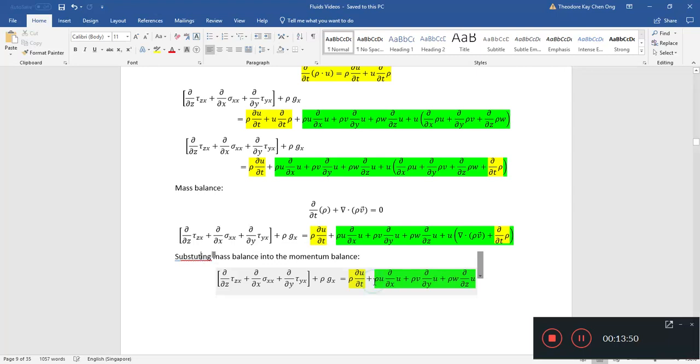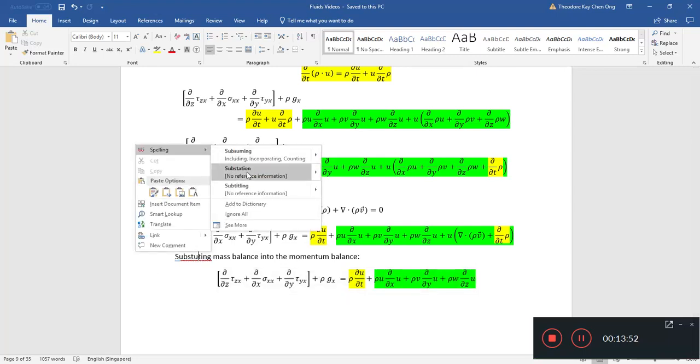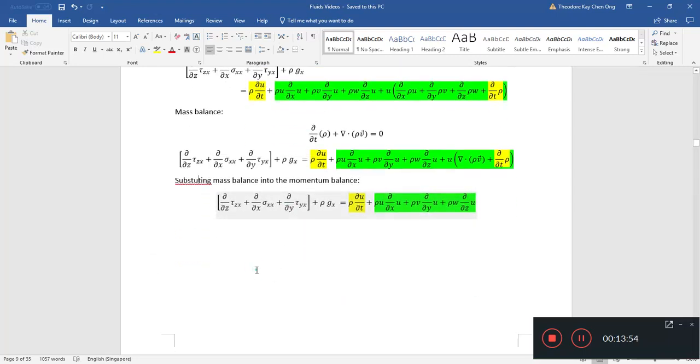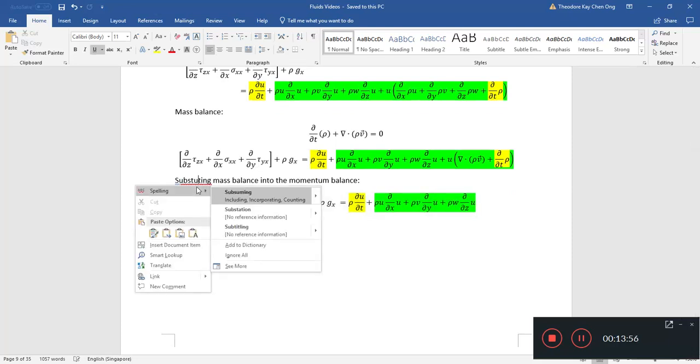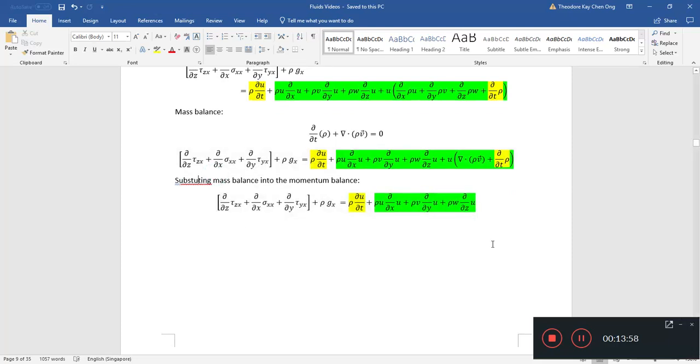Although the concept behind Navier-Stokes is definitely a force balance concept, we have actually substituted the mass balance in to get this term.